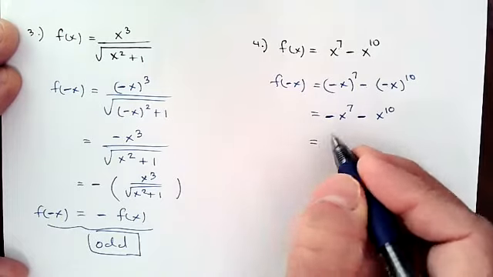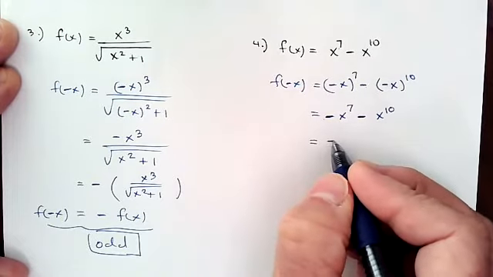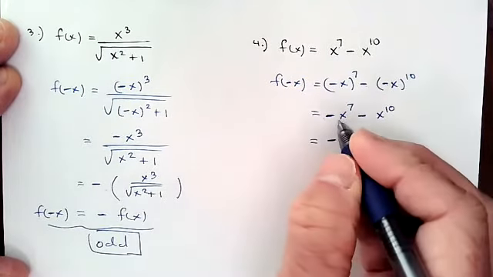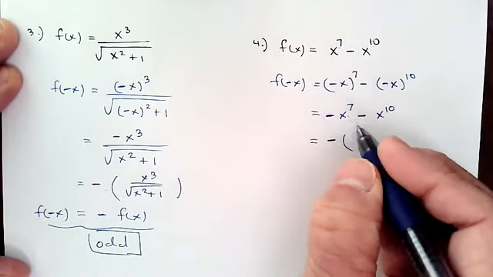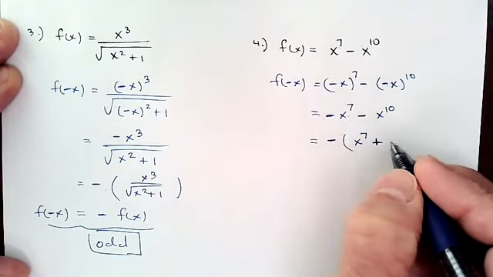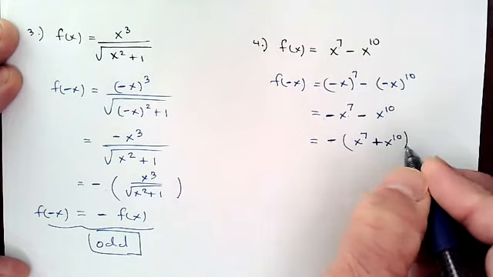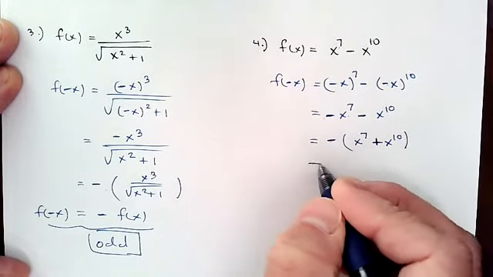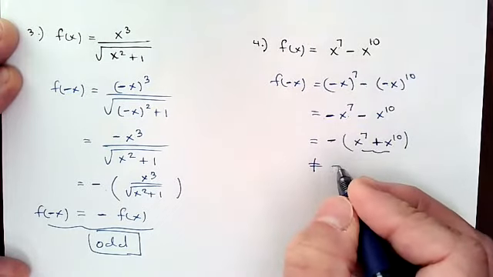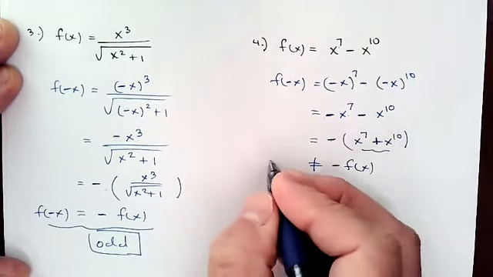We could do like what I did earlier. Let's factor out a negative because we really want to show that it's the negative of exactly what we started with. So if I took out the negative there, this would be x to the 7th. But if I factor out a negative, that's going to be plus x to the 10th. And you can see that this is not what we started with. So this is not the negative of f of x.